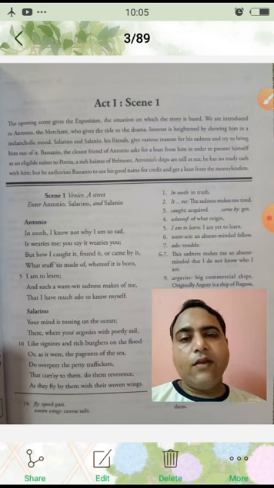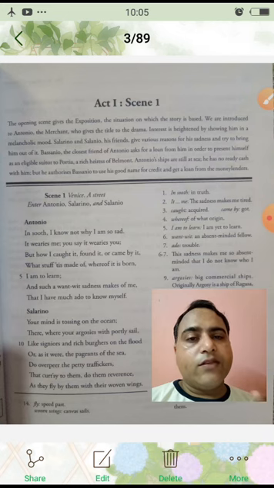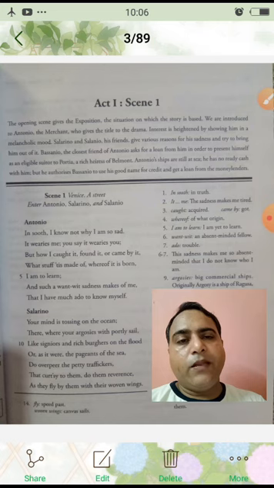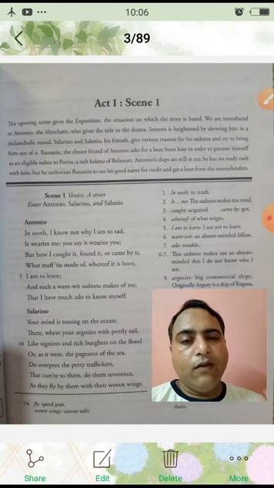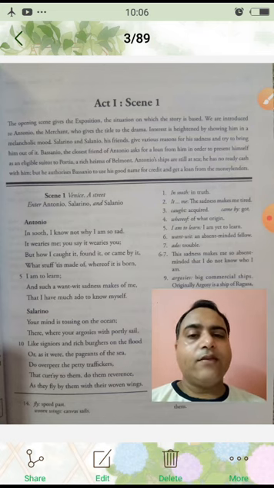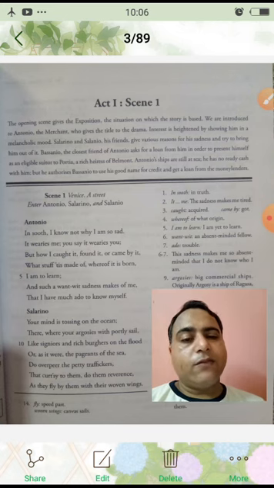Now here it is given: the opening scene gives the exposition, the situation on which the story is based. We are introduced to Antonio, the merchant, who gives the title to the drama. So the opening scene, Act 1, Scene 1, in this scene, as we will study, gives the exposition.